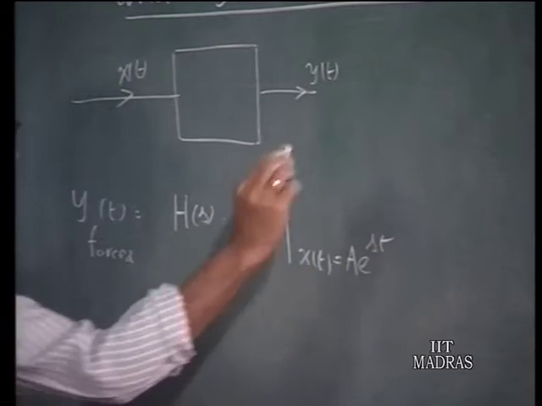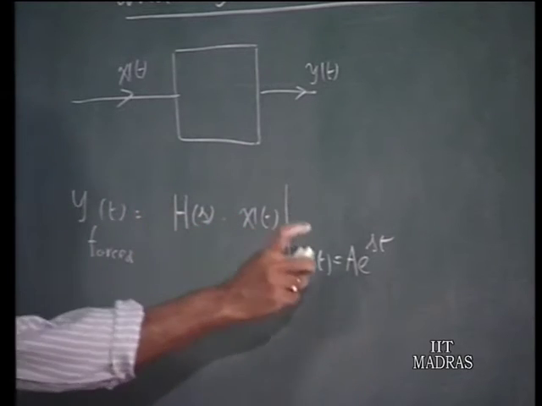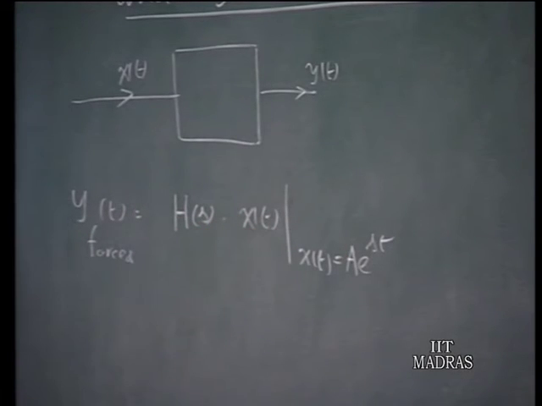This is the summary of what we have discussed just now. This proportionality is valid only when x(t) is of the form a e to the power of st, not for other signals. That is important.